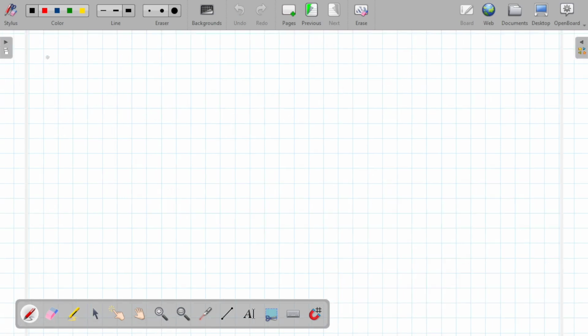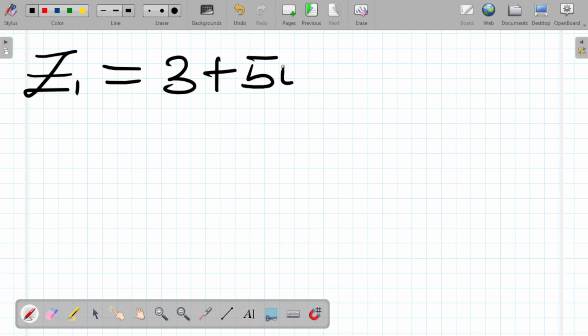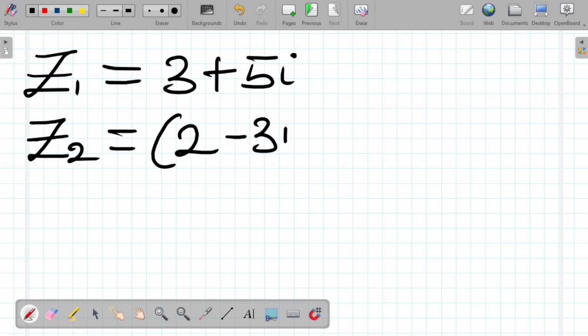Alright, so let's take another example, still on subtraction of complex numbers. If z1 is equal to 3 plus 5i, and z2 is equal to 2 minus 3i, and we are asked to subtract z2 from z1.